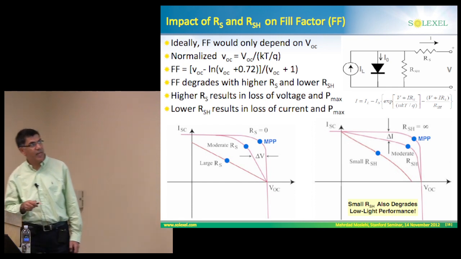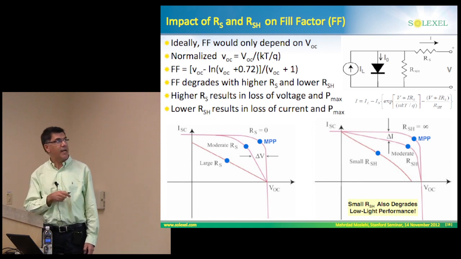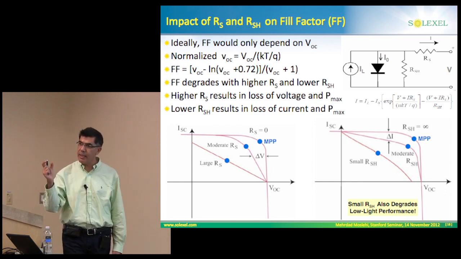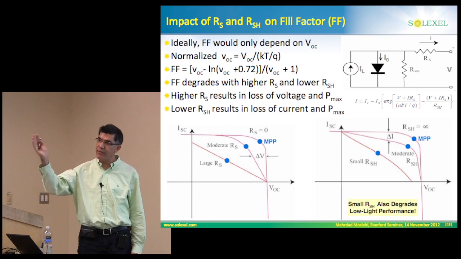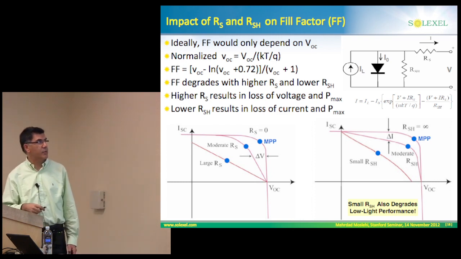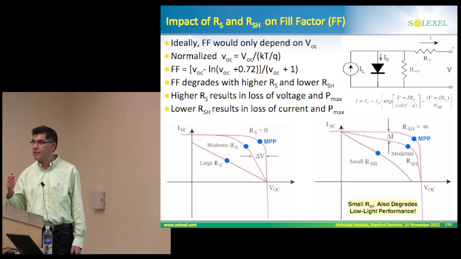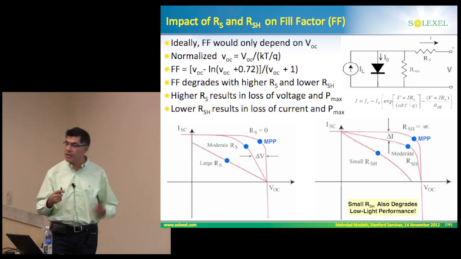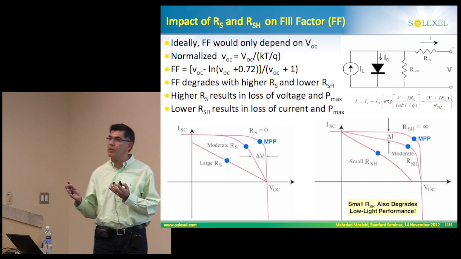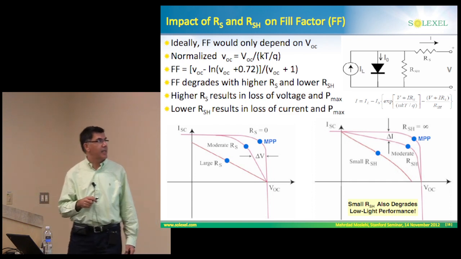Now, if you take an ideal solar cell with those conditions, then fill factor directly depends on VOC; this is a practical empirical formula. So the higher the VOC, the higher the theoretical fill factor or pseudo fill factor. Now, in practice, of course, you have a finite series resistance and a finite shunt resistance. A lot goes into managing these in the cell design and processing.